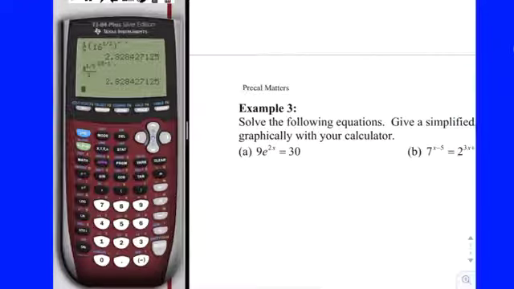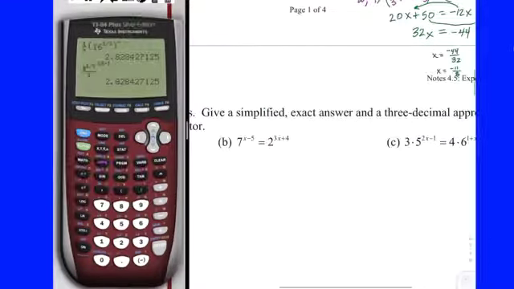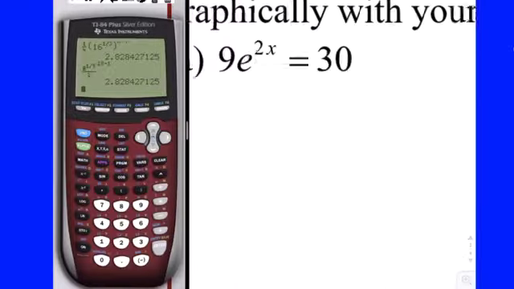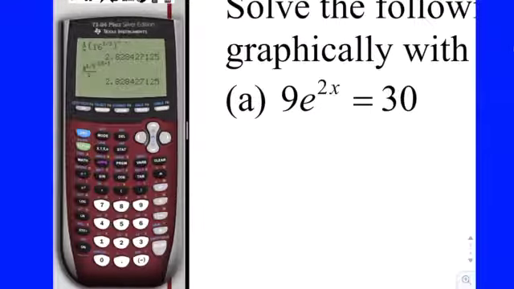Okay, so it says solve the following equations. Give a simplified exact answer and a 3-point estimation, and then verify on the calculator. So, how do we know this is, first of all, an exponential equation? It has an e, but that's not why. There is a variable where?